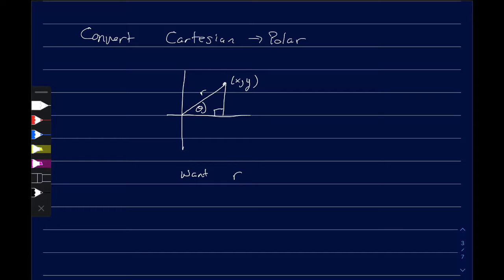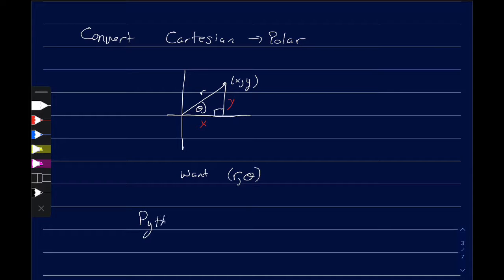So we want to get r and theta. Well, we can first notice that our height here is y, and our base is x. And we can use some basic trig ratios and some Pythagorean theorem to figure out what r and theta are.